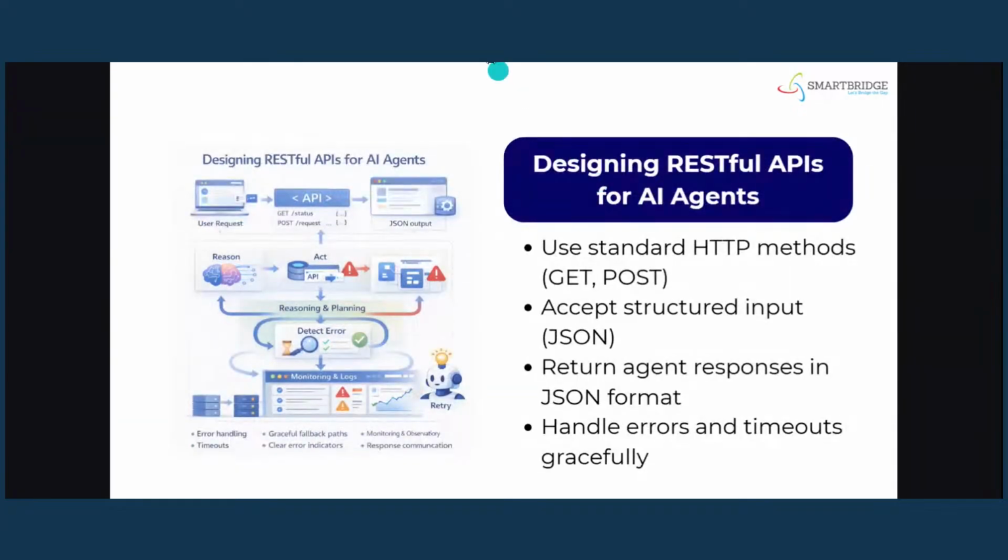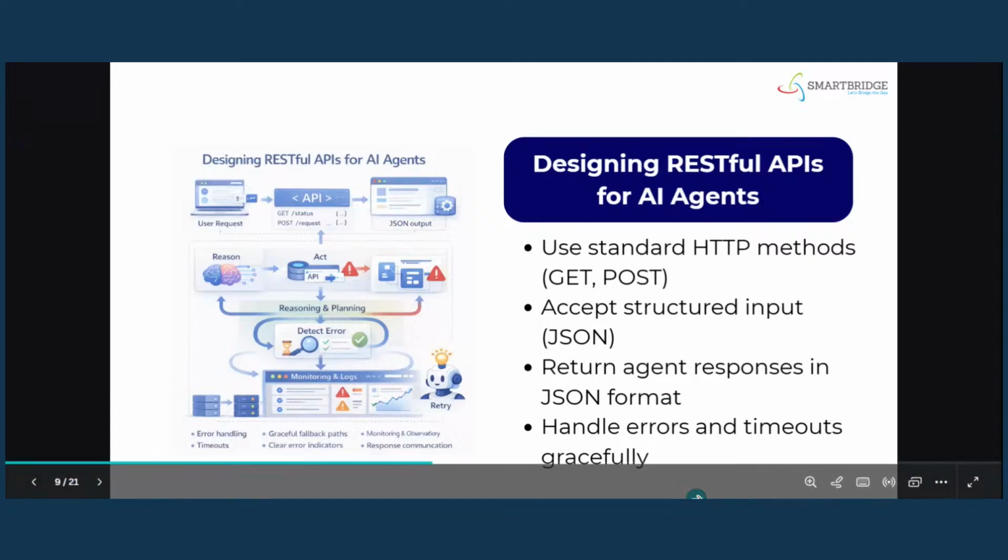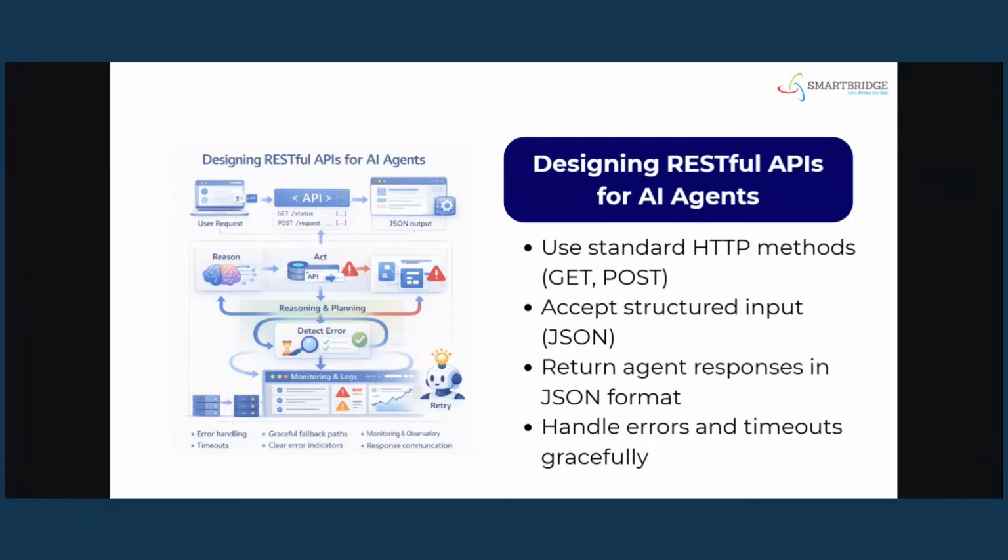Okay, so now let's move to the next slide. When we talk about designing APIs for AI agents, we are really talking about designing communications. RESTful APIs are commonly used because they are simple, predictable, and widely supported. But simplicity doesn't mean carelessness.